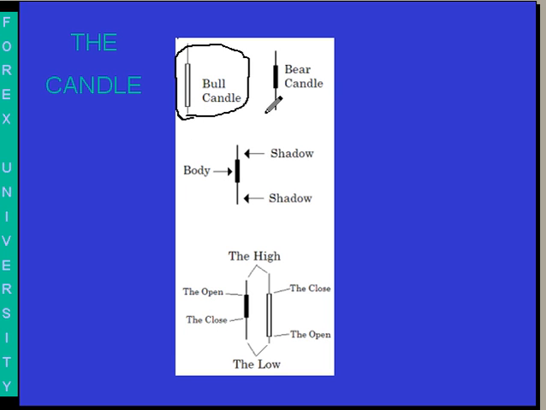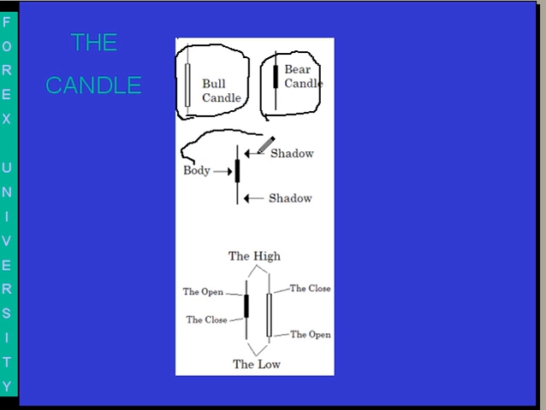The bull candle is the candle that's either clear or open like this, or it may be green in color. And a bear candle would be black or filled in or red in color. Now, this is how they measure with a bull or bear candle. First of all, we have names.